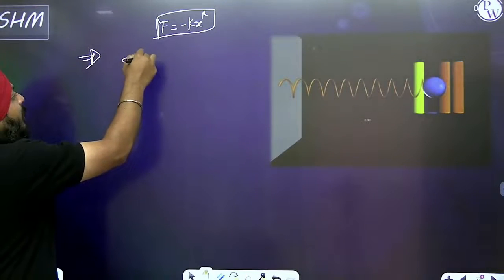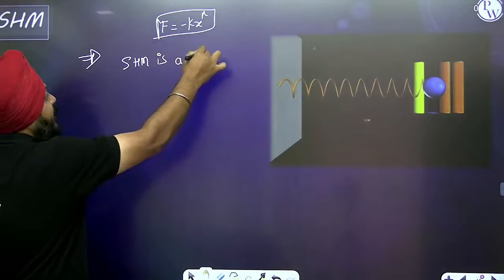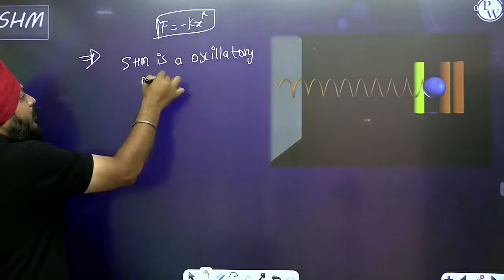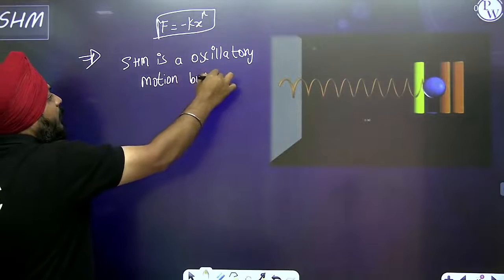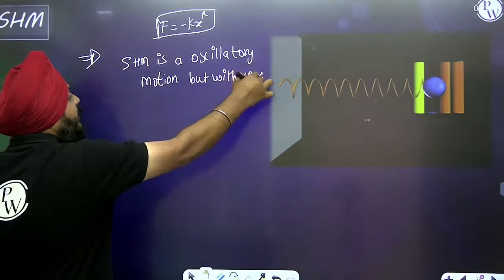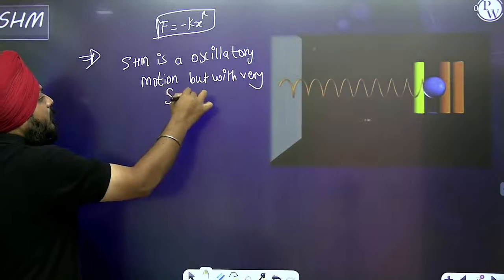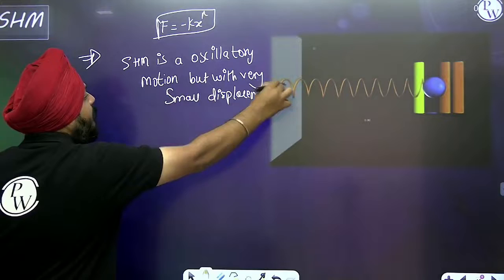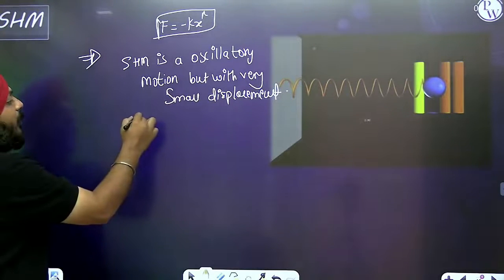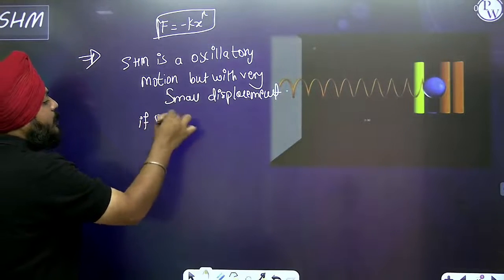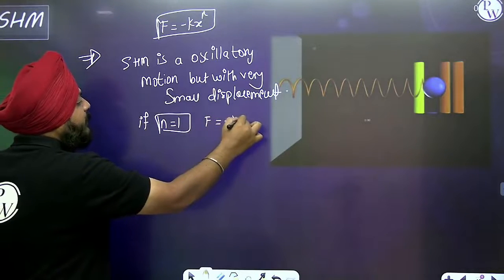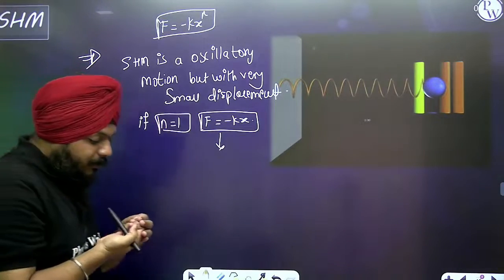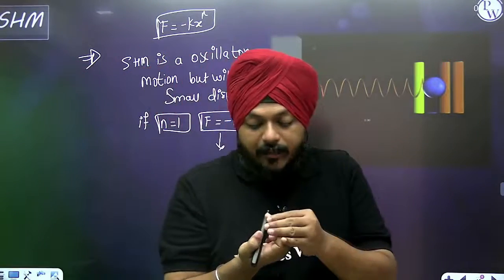SHM is an oscillatory motion but with very small displacement. If we take n as 1, then we have F is equal to minus kx. This is nothing else but the responsible thing for a particle to perform SHM.